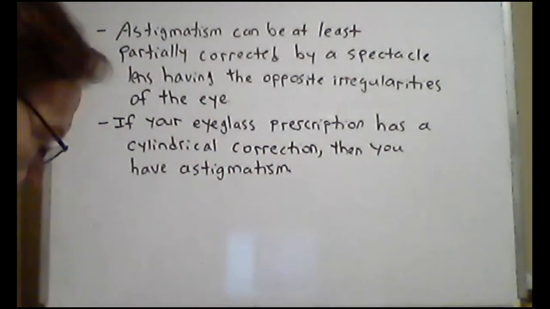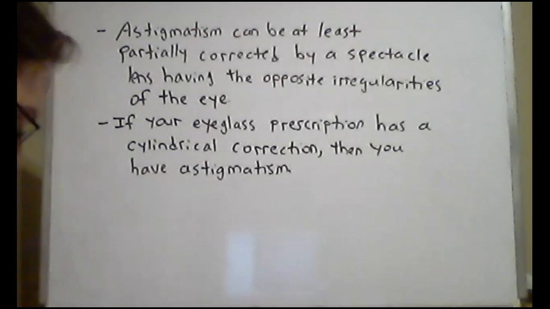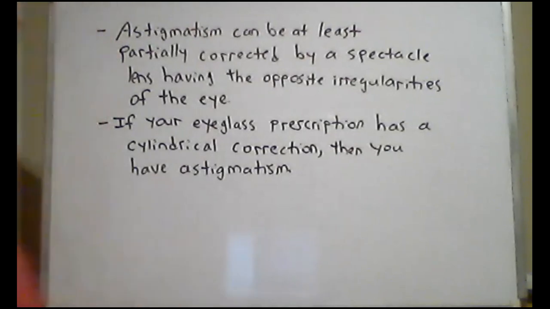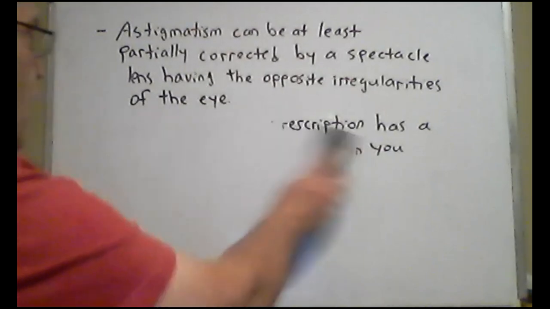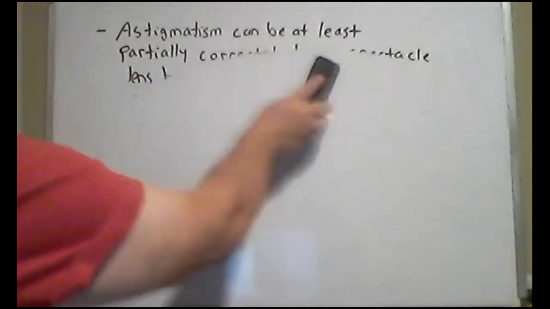Now glasses have the disadvantage that they're always stationary. Your eye moves around. There's always going to be a little bit of an error, but contact lenses, on the other hand, allow the lens to move with your eye, right? And so you get better peripheral vision with contact lenses.